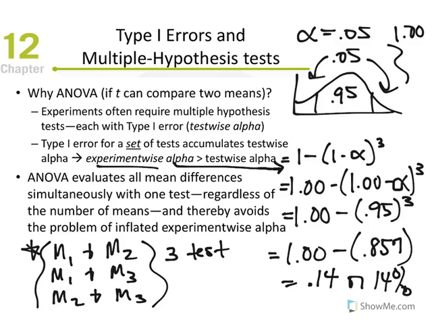So if we go over this very last point here, ANOVA, or analysis of variance, evaluates all mean differences simultaneously with 1 test, regardless of the number of means, and thereby avoids the problem of inflated experiment-wise alpha, as I just demonstrated here mathematically of how to compute our experiment-wise alpha.